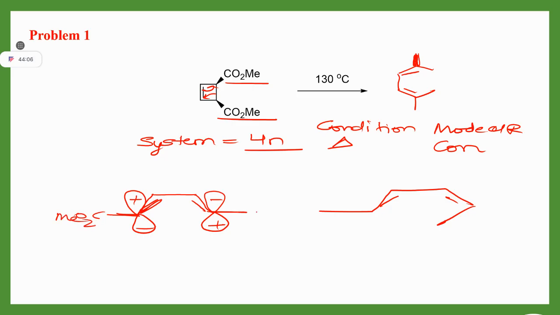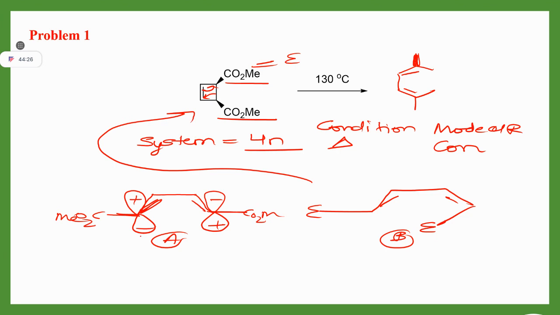CO2Me, CO2Me. Let's say this CO2Me I am referring to is E. So among these two intermediates, which can give me this cyclobutene in cis?